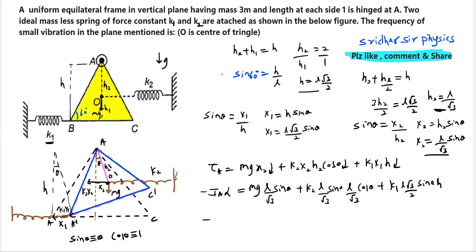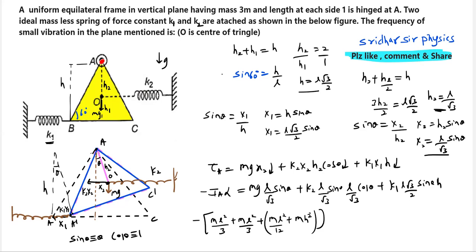So the moment of inertia we will calculate. Moment of inertia will be ml square by 3, plus ml square by 12 plus m h square. Even in the moment of inertia calculation you have to be careful.